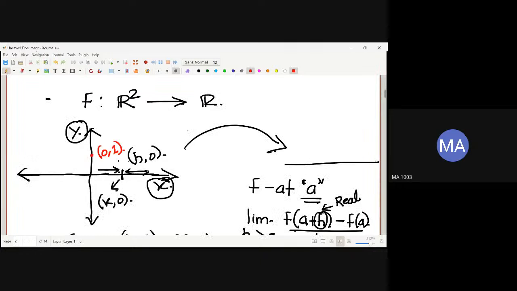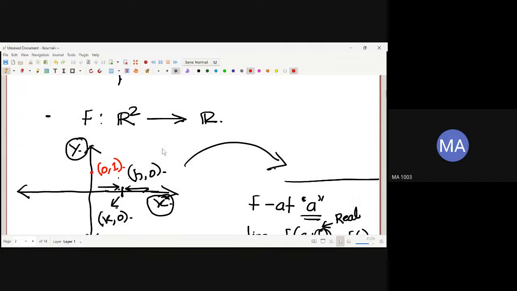When you want to find the behavior of the function at a point with respect to the y-axis, if you take a point (a, b) and want to find the behavior of the function at this point along the y-axis, you are considering this line, which represents (a, b) plus h times (0, 1).